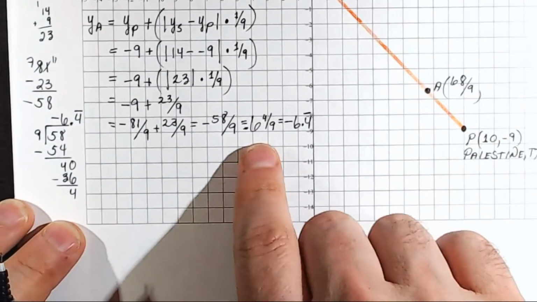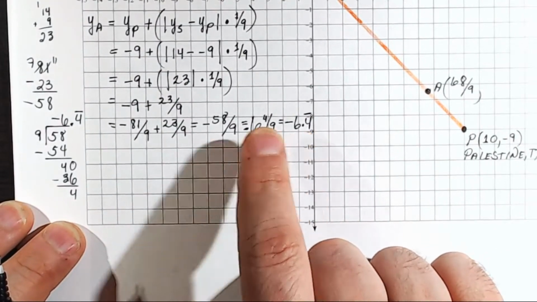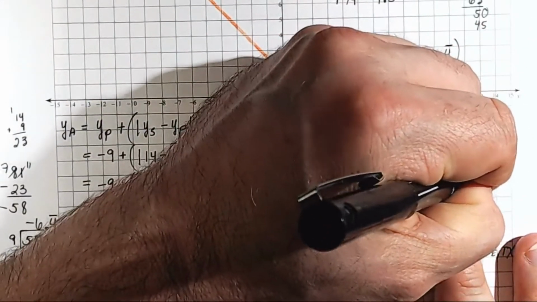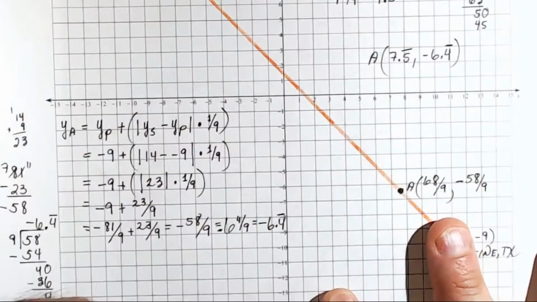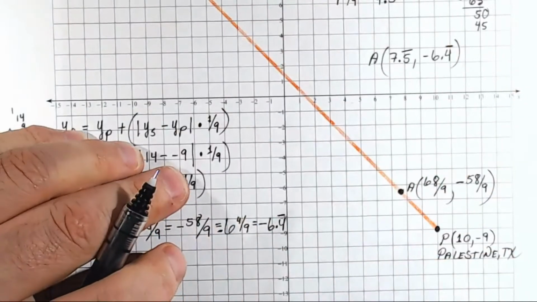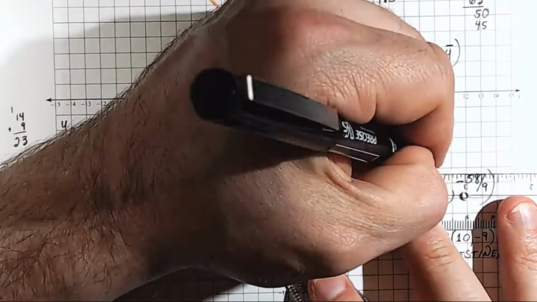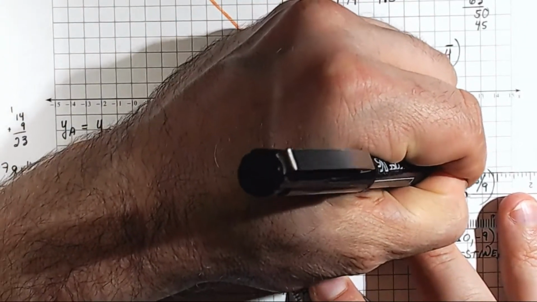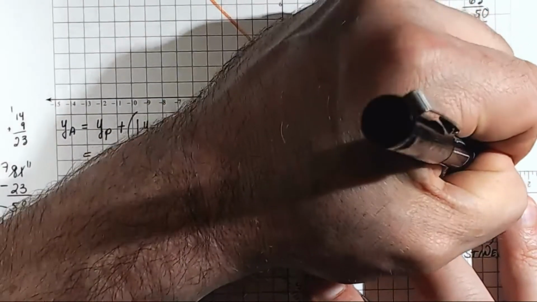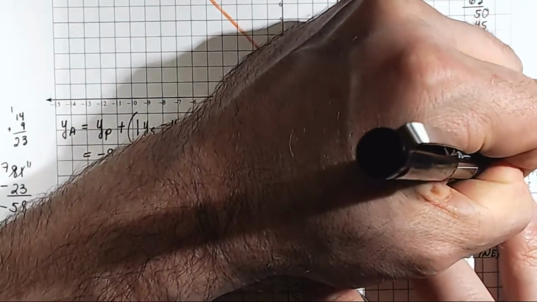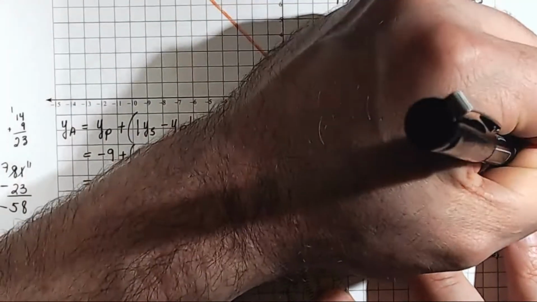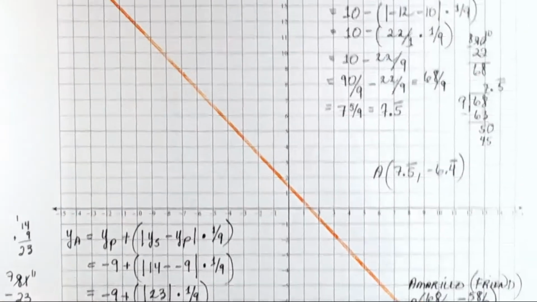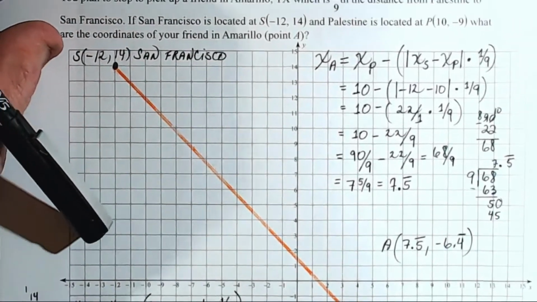And then the y-coordinate, before we turned it into a decimal here, was negative 58 ninths. And that is Amarillo. Okay, so this is Amarillo. And this is where we're picking up the friend. And then y'all are all headed to San Francisco for a fun trip. Alrighty. So that's number 2. Pretty neat.